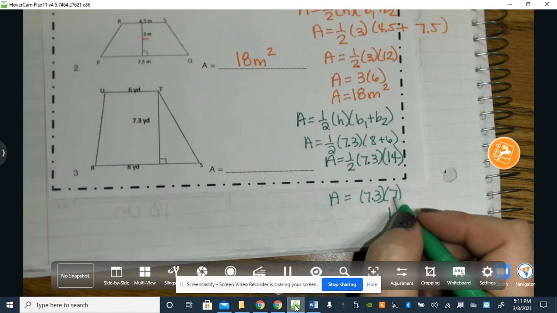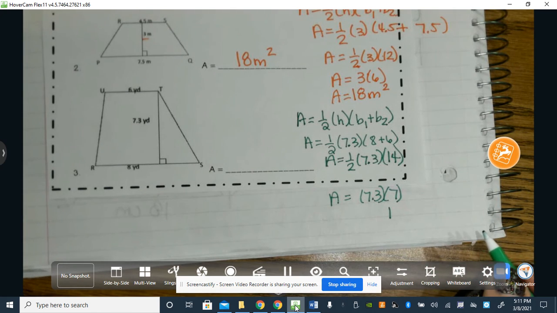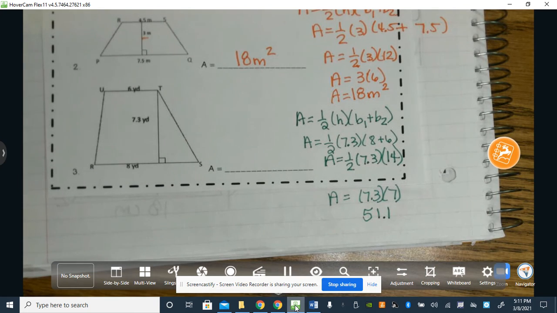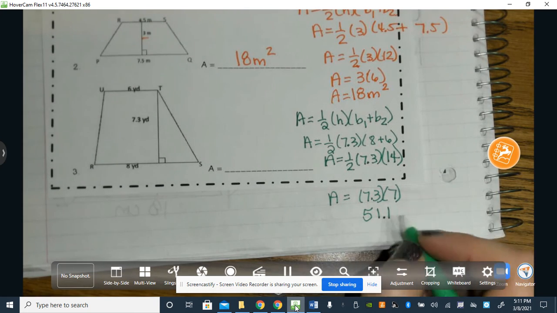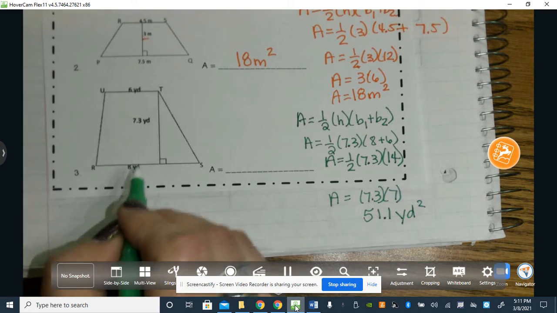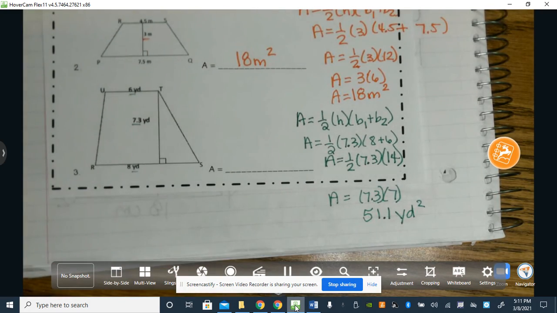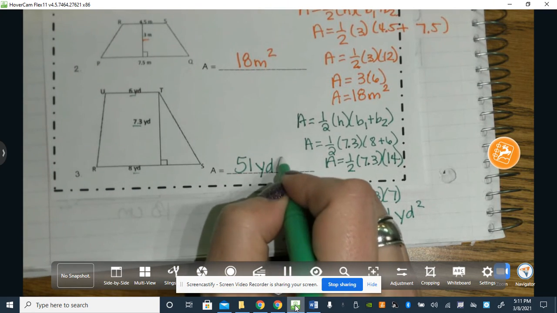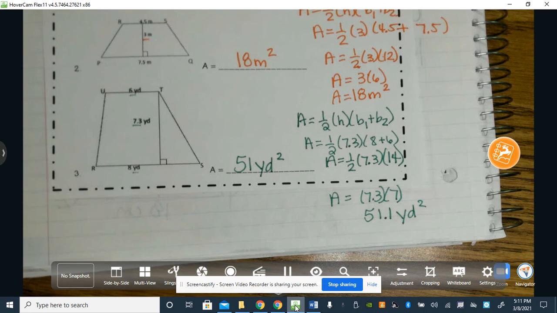Carry a 2. 7 times 7 is 49, plus 2 gives me 51. And I'd have my decimal there. So it's 51 yards squared, because my unit of measurement here is yards.